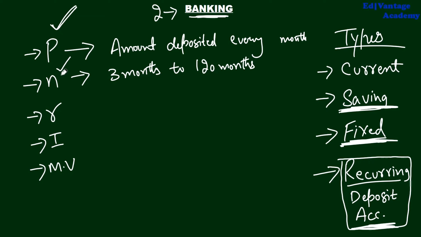Then how much money is with the bank when I deposit money for some number of months? Let us see one example. Let us say I am depositing 2000 rupees per month in a bank for 3 years. 3 years means 36 months.